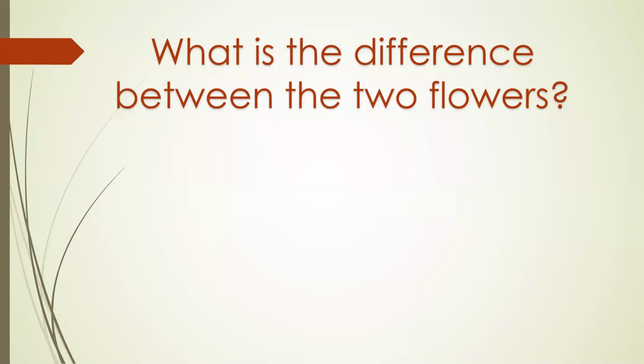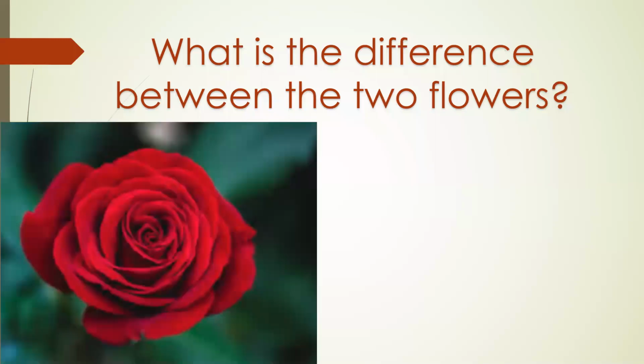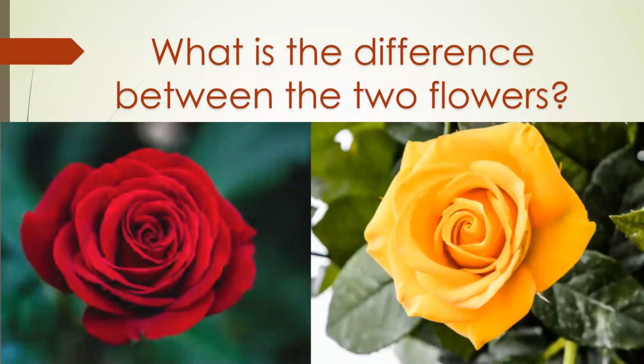First is the image on the left hand side, and second is the image on the right hand side. Very good. The first thing which most of the students are answering correctly is that the color is different.